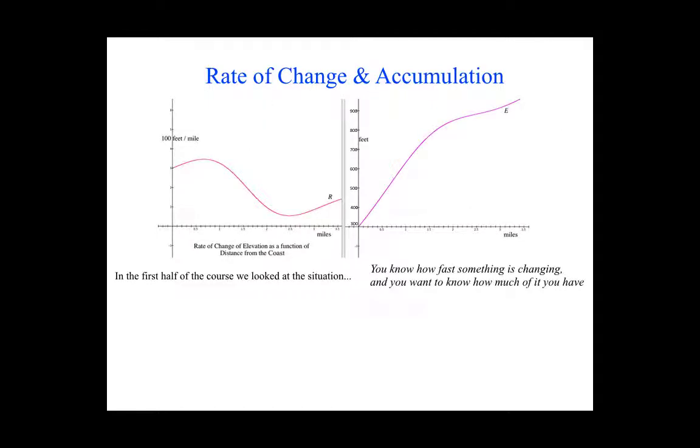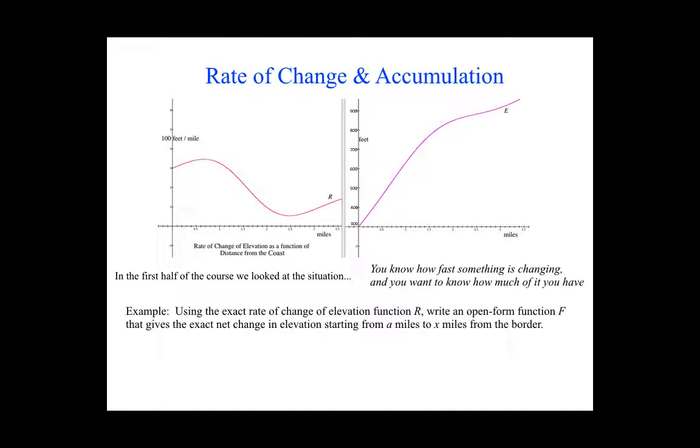just a recap a little bit, and then we'll get back to our notation and review here. In the first half of the course, we looked at the situation where we knew how fast something was changing, our rate, and we wanted to know how much of it we had. Our process was to go through several steps to get to this idea of an exact accumulation.